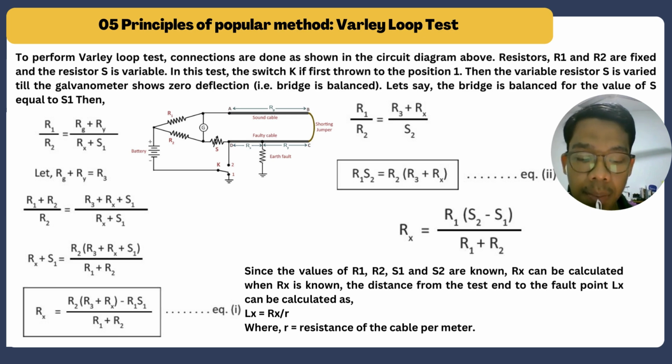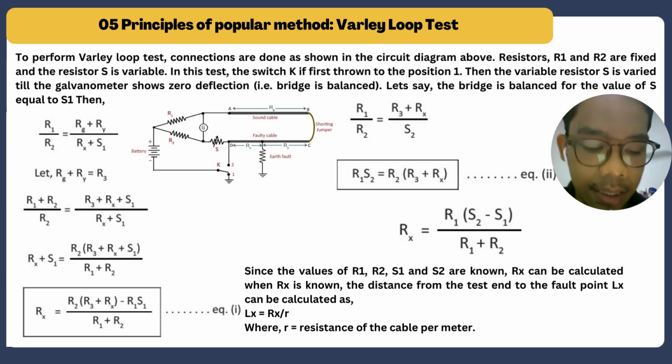Then we arrange Rx + S1 = R2(R3 + Rx + S1) / (R1 + R2). Simplifying, we get Rx = [R2(R3 + Rx) - R1 S1] / (R1 + R2) as the first equation.